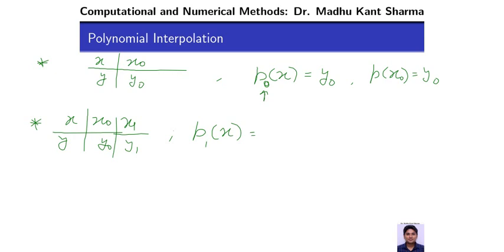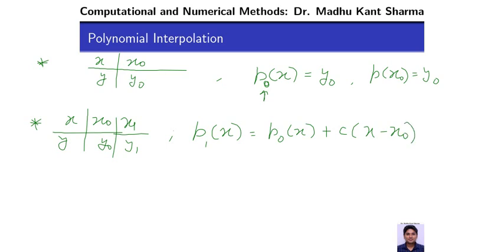So we wish to interpolate the following data set. Let's suppose I am going to use the previous one, so it equals p0 of x, which interpolates the first point, plus some c times, so it should use the complete data set, right? So x minus x0.